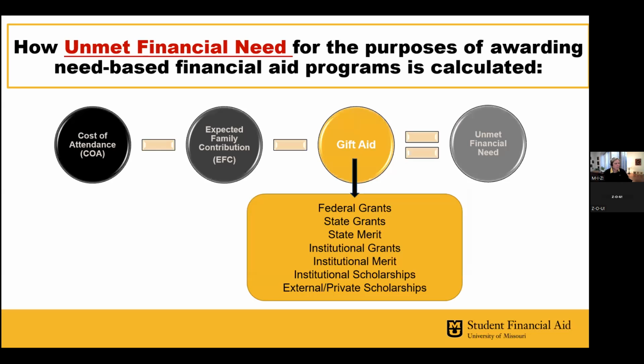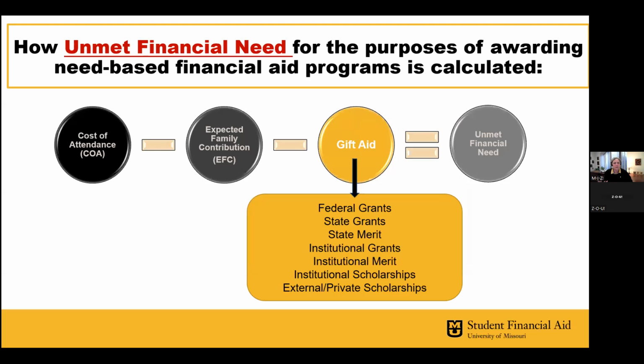Okay, so we're going to talk about how financial need is calculated. How a student's unmet financial need is calculated for the purposes of awarding need-based financial aid programs is the cost of attendance minus the expected family contribution. Then we subtract out all of the gift aid programs that you're getting.